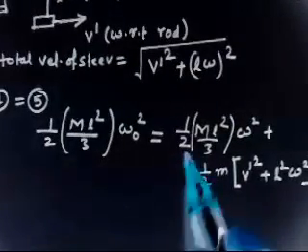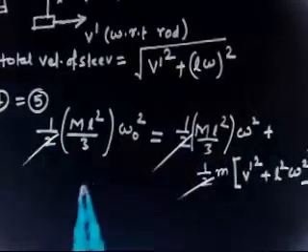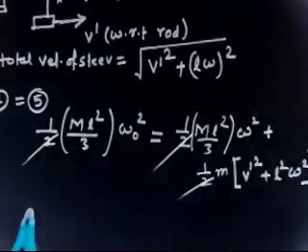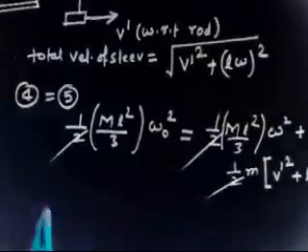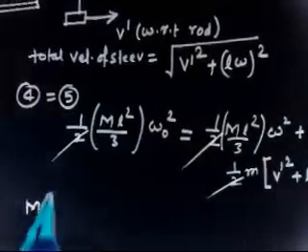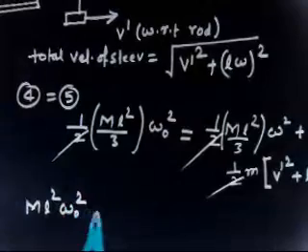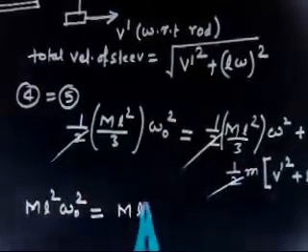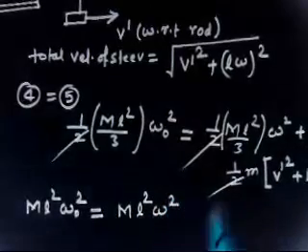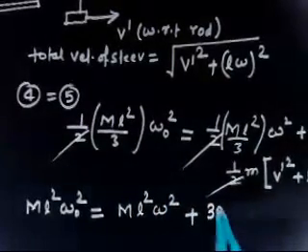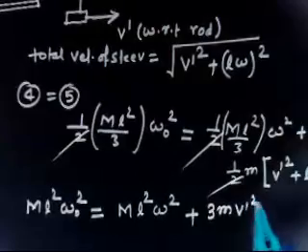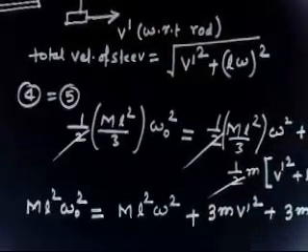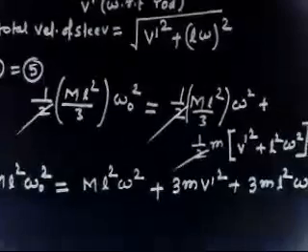So half goes throughout, 3 also goes, so 3 here, 3 here, I have to multiply 3 here, so I can write ml square omega naught whole square is equal to, I can multiply by 3 ml square omega square plus 3m v dash whole square plus 3m L square omega square. I think all of you are able to see this one.